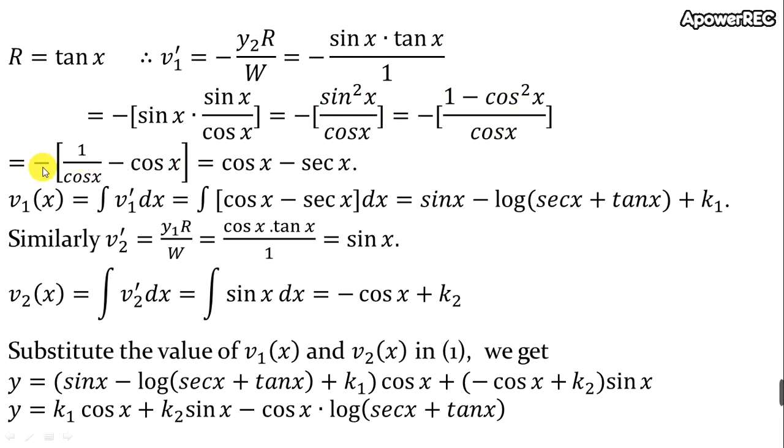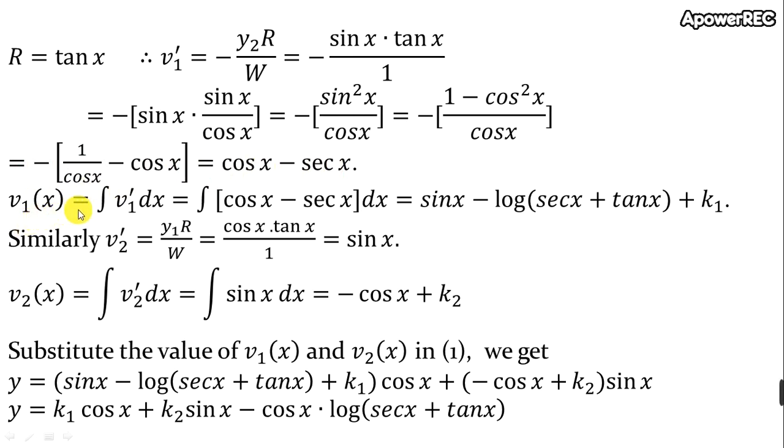Separating cos x with each term of the numerator, we get minus (1 divided by cos x minus cos x), which equals cos x minus secant x, because after multiplying with the negative sign, 1 by cos x is secant x with a negative sign, and minus into minus gives plus cos x. This gives v1 dash.